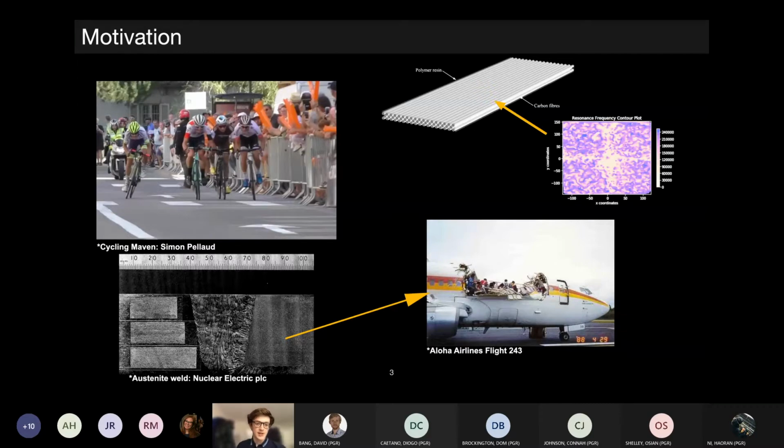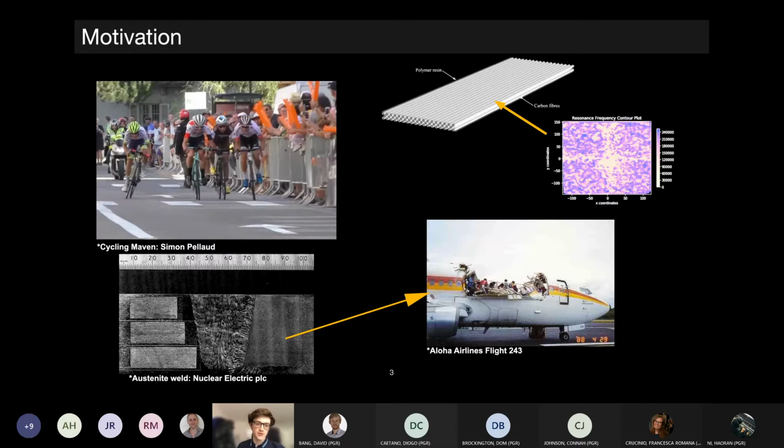So when you go to image these and check them for safety purposes, you have to be very mindful that the signal you get out is highly affected by the structure of the material. If your non-destructive testing technique and your imaging algorithm don't account for this, your results can be very different.